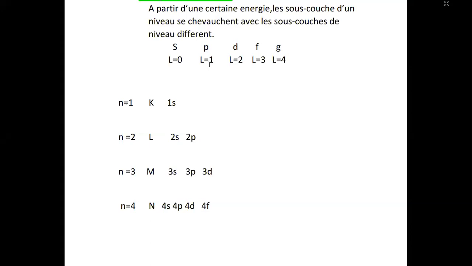Then that's where the problem comes in. 2 plus 1 gives me 3, so the question is, should I start with 2p or 3s? Since 3 plus 0 also gives me 3, and 2 plus 1 gives me 3, which one should I fill first when drawing my configuration?